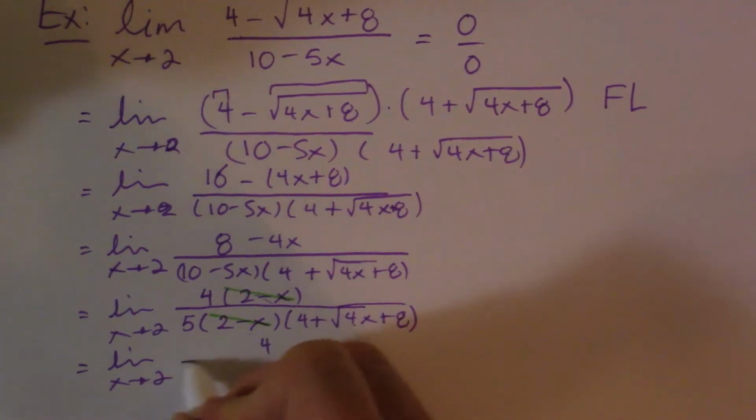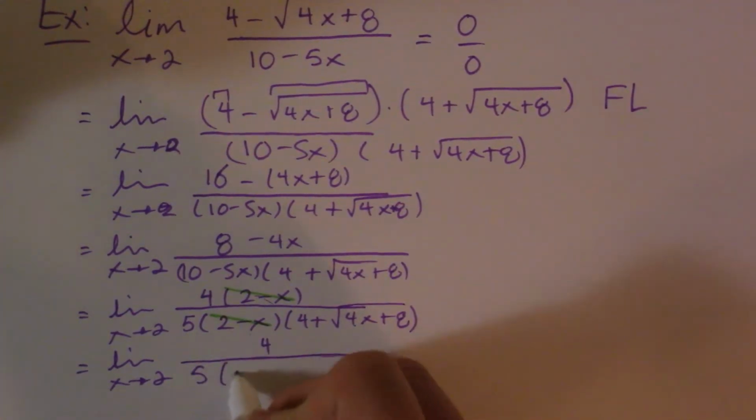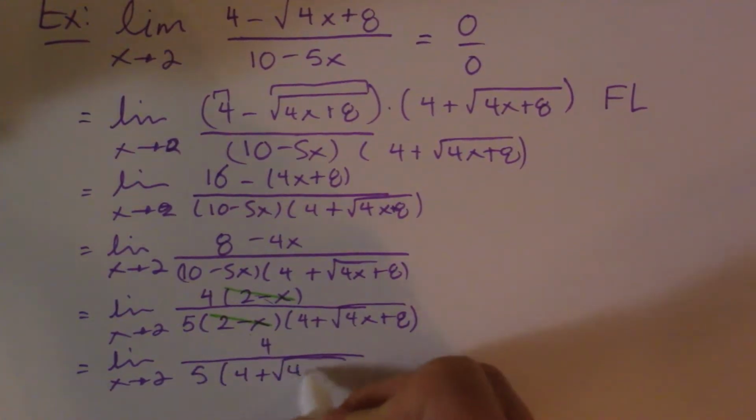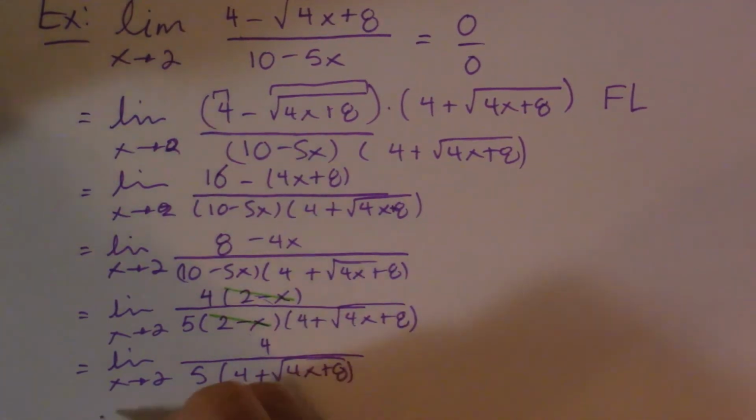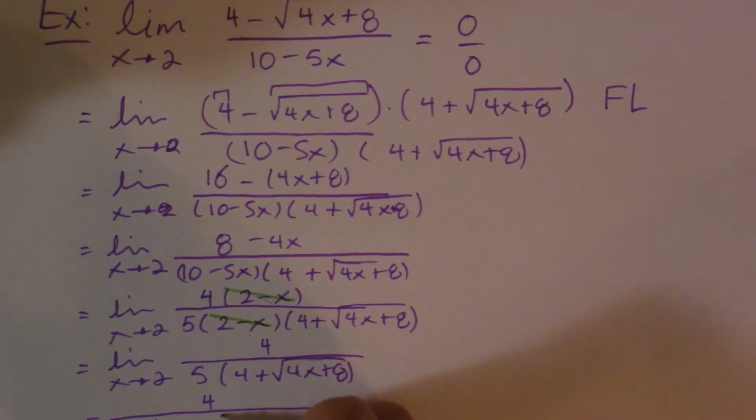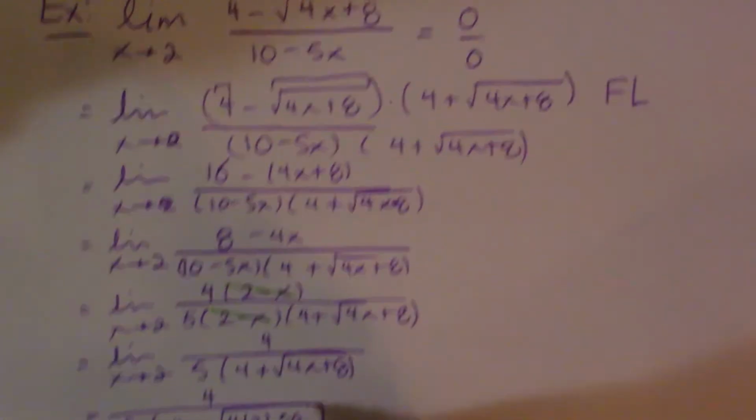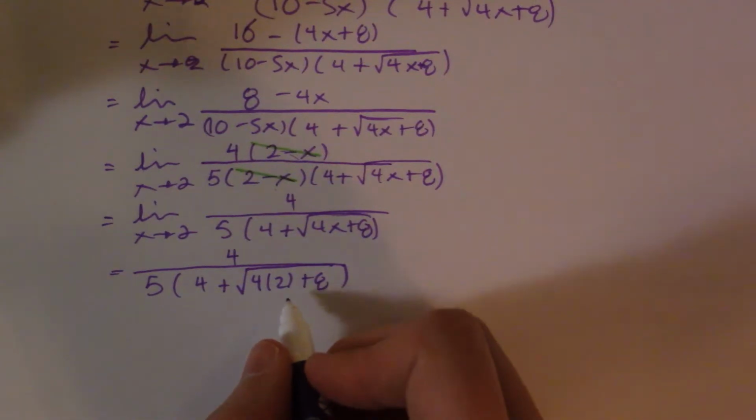So I've got 4 on top, 5, and then 4 plus the square root of 4x plus 8. And then I put a 2 in, so where I see x, I put 2. 4 plus 4 times 2 plus 8. I'm going to have 16 underneath the root here, so the square root of 16 is 4.